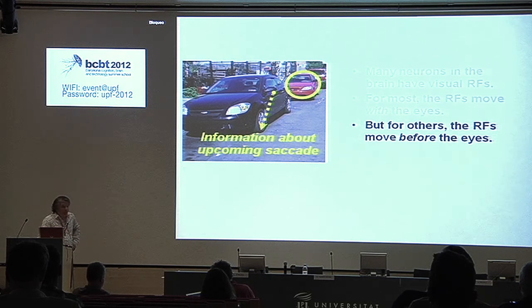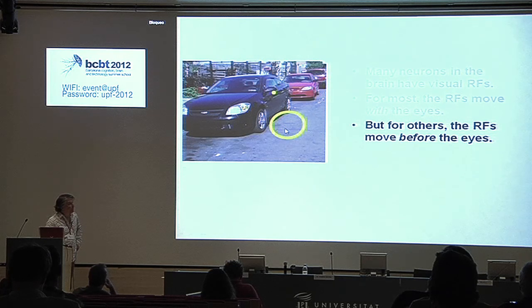But just before the saccade, the neuron seems to receive information about the upcoming saccade, because the neuron will then become sensitive to visual information outside of its classic receptive field, in what we call the future field down here, which is where the receptive field will be after the saccade. So the receptive field, or the visual sensitivity, is anticipating the upcoming saccade. Then the eye moves and catches up to the receptive field.